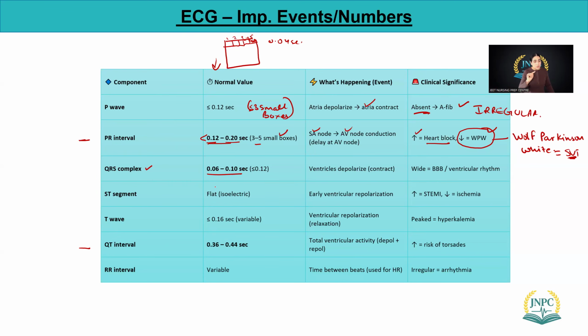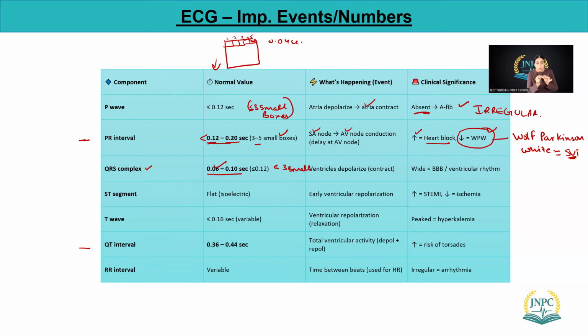So 0.06 to 0.10 second means 3 to 5 small boxes, and not more than that. It could be maybe less than 3 boxes. 0.12 means 0.04 is one small box, and it could be maybe less than 3 small boxes. So that is the normal QRS complex.